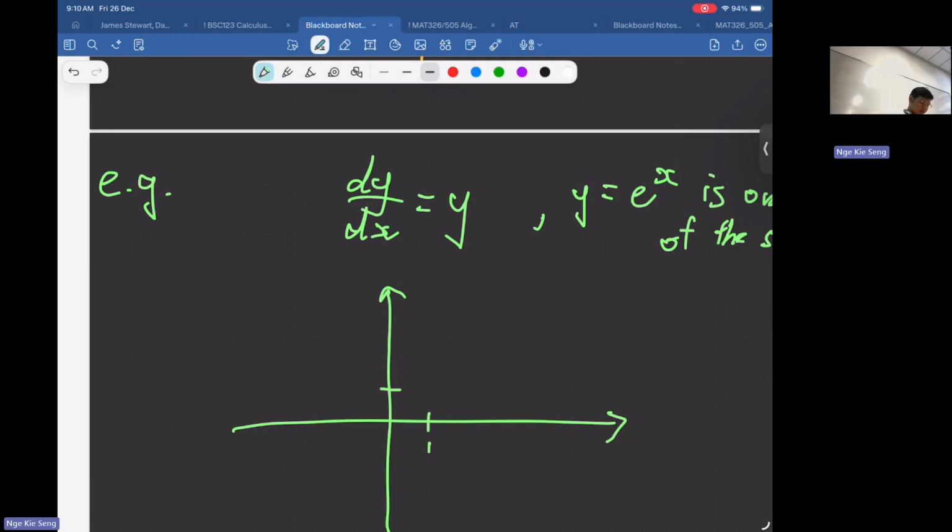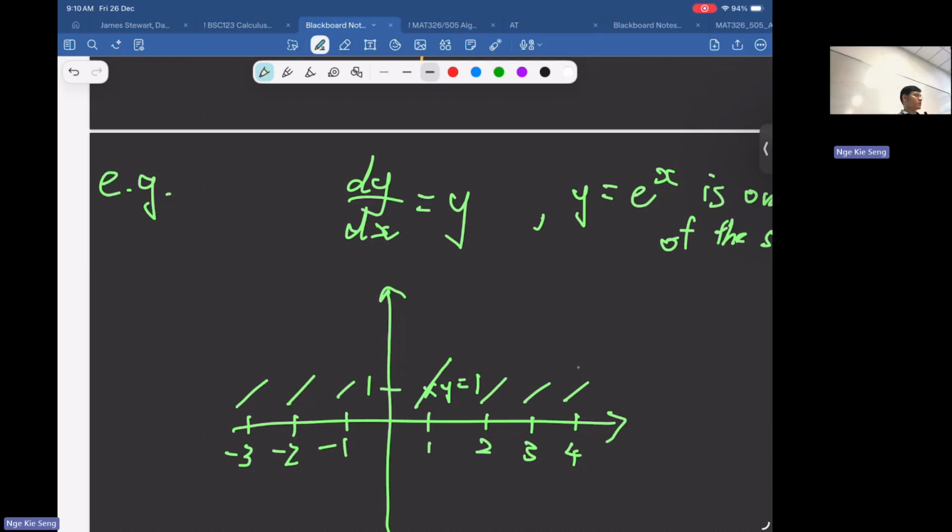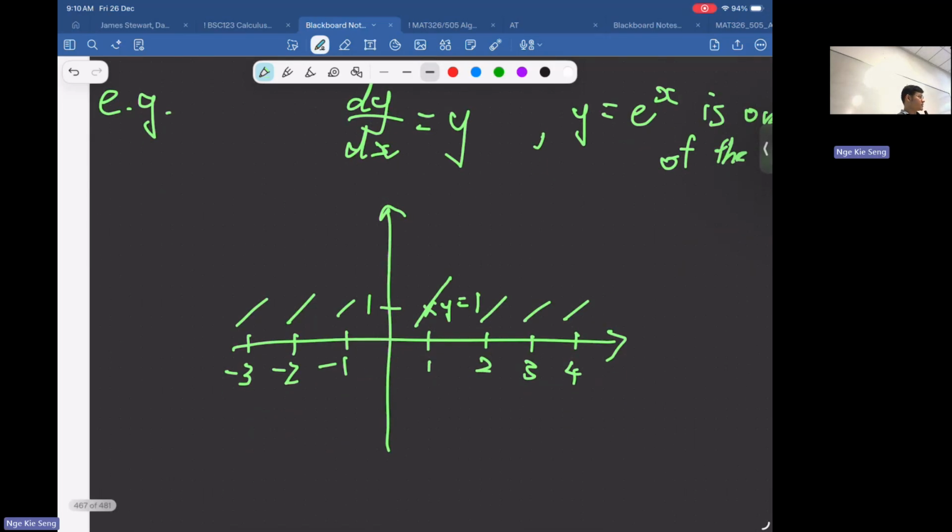Let's say here (1, 1). What's the direction of the tangent here? Which is y equals 1. In fact, if you look at (2, 1), (3, 1), (4, 1), (-1, 1), (-2, 1), (-3, 1), these are all the same, so it just depends on the y value. Does it make sense?